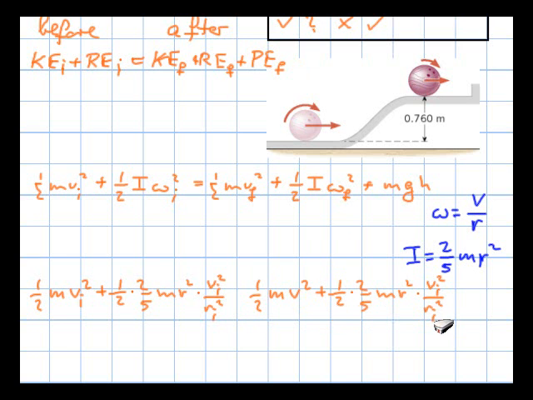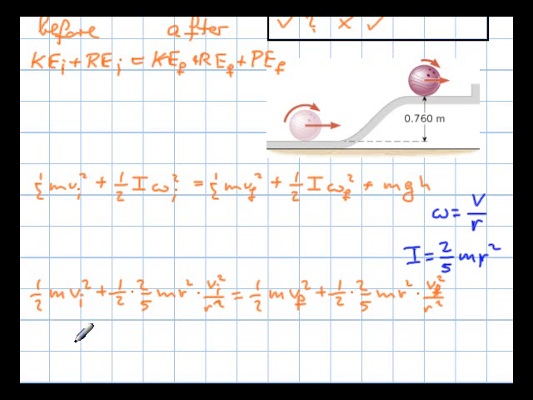I'm going to get rid of those. Ooh, that's going to be interesting. I'm going to try to get rid of those i's and write down f and f. Oh, I don't need an i for the r. The radius is the same either way. Whoops. And then I have an equal in between there.